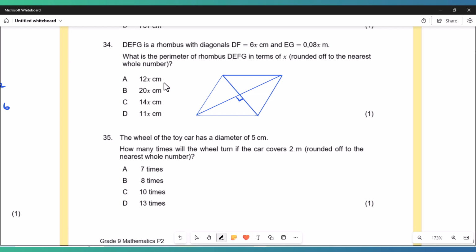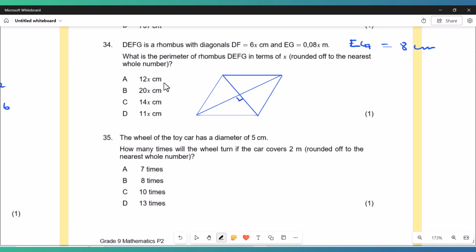This one is centimeters, so times 100, it becomes 100 times 0.08, which is 8 centimeters. So now the diagonals for the rhombus bisect each other.